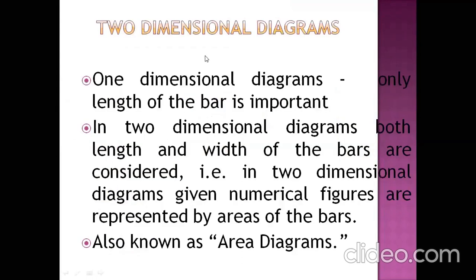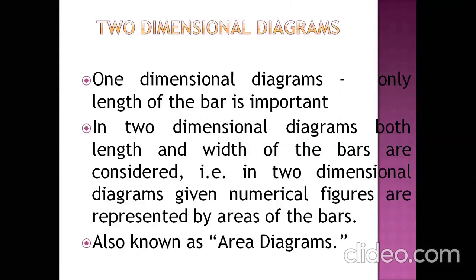So coming to two-dimensional diagrams. In two-dimensional diagrams, both length and width of the observations are represented by bars. The area of a two-dimensional diagram is equal to the product of its length and width. So two-dimensional diagrams are also called area diagrams.